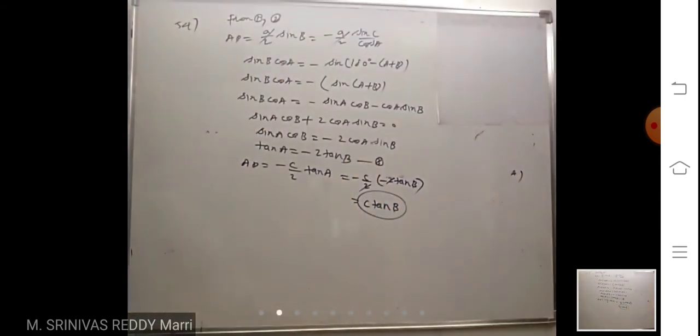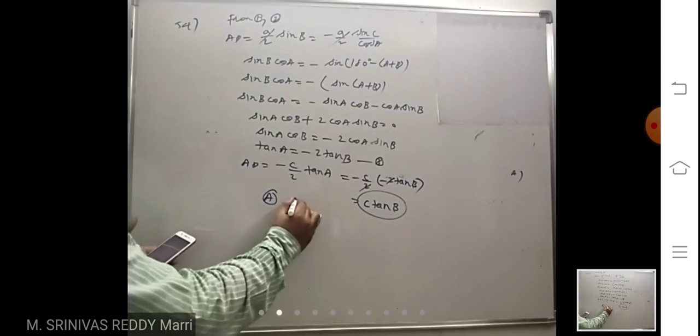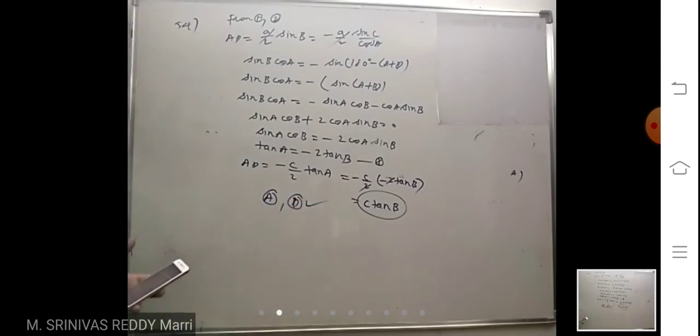Two options are correct. So you got one option minus C by 2 tan A, this is D option, and A option. A comma D are correct.